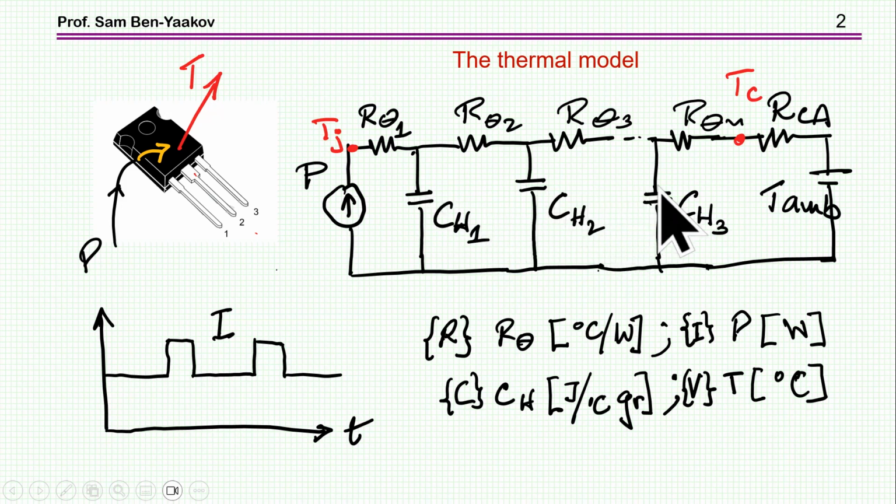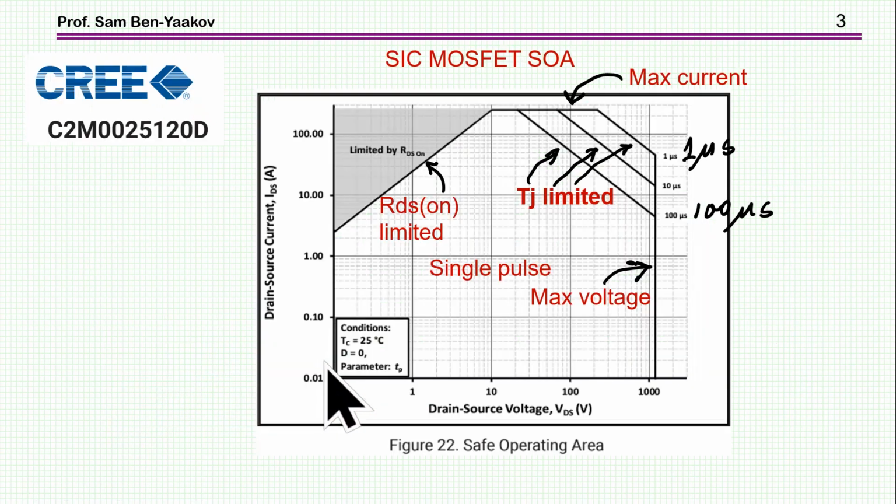So with this equivalent circuit, you can probe into the issue of the junction temperature in the case that you have a current with just some background current, then there is a pulse, and then some more current, and a pulse, or any other profile of a current. Manufacturers give in the datasheet information regarding the transient behavior of the junction temperature, and one of them is the safe operating area plot, which is shown here.